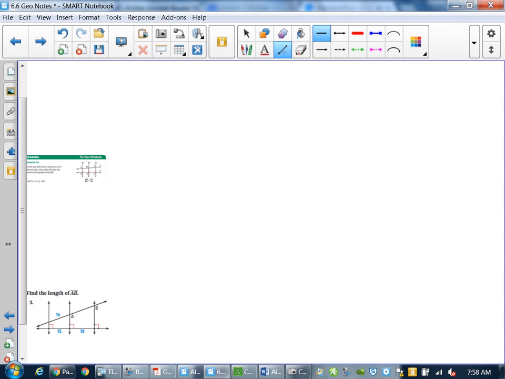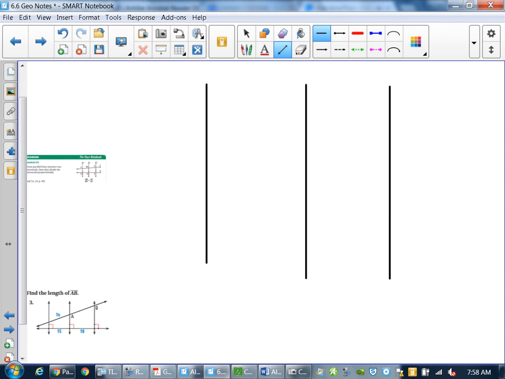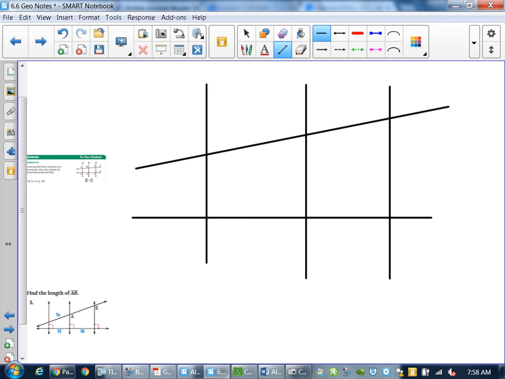So in the past, we've done this where we've had parallel lines cut by a transversal. Well, sometimes you might have more than one parallel line. You might have 3 of them. You might have 2 transversals. So there's a whole lot of stuff going on here.